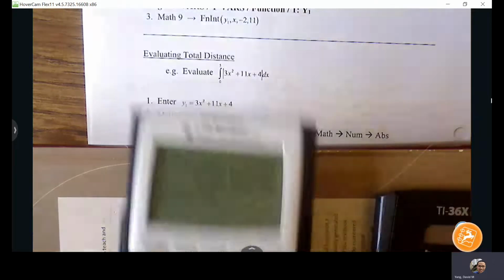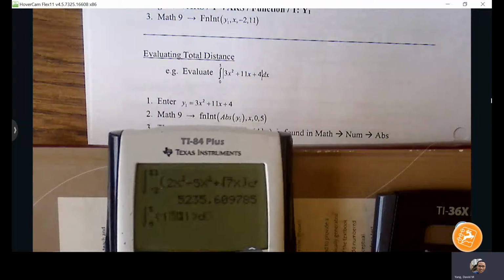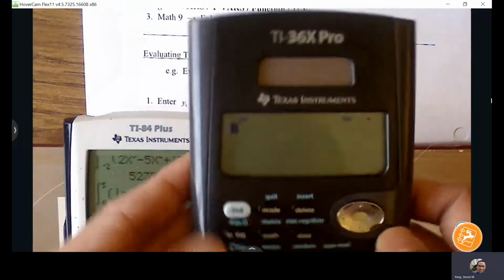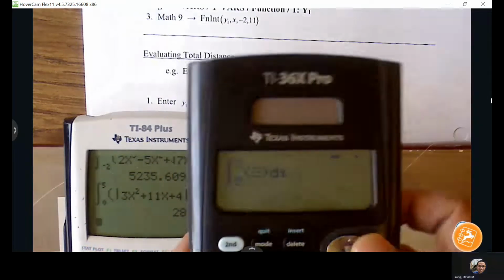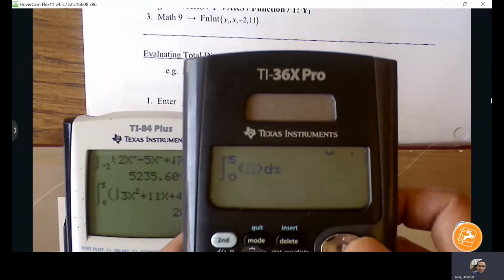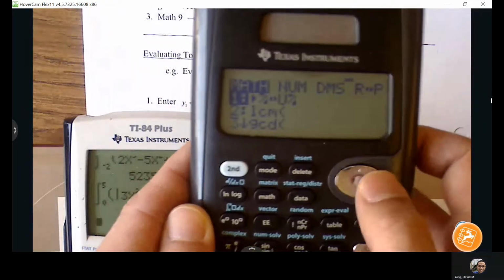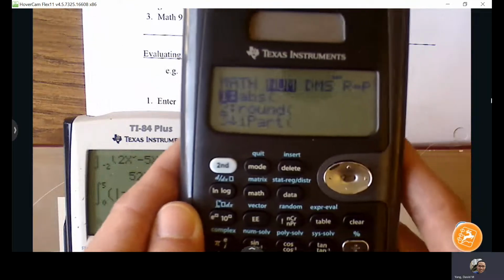Then you can enter in your expression, absolute value of 3x squared. Make sure you don't forget about the dx at the end. On the 36 Pro, get the integral notation to show up, 0 to 5, and then go to Math, Num, ABS.